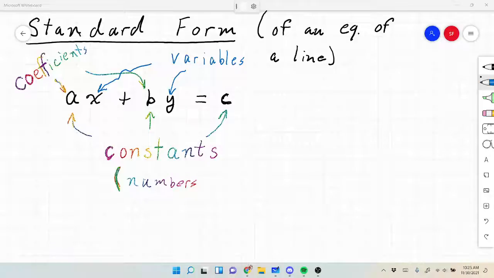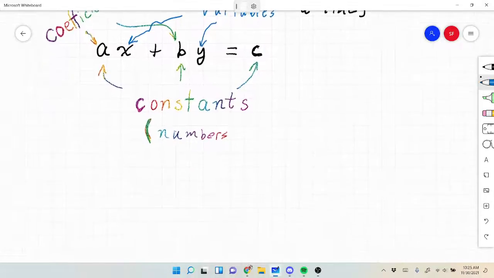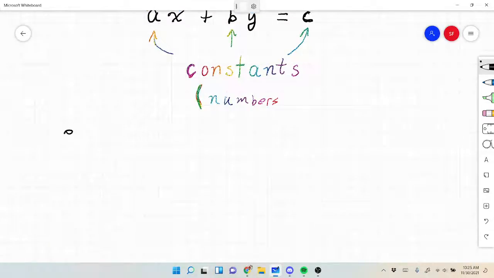So, let's do an example. Or a few examples.